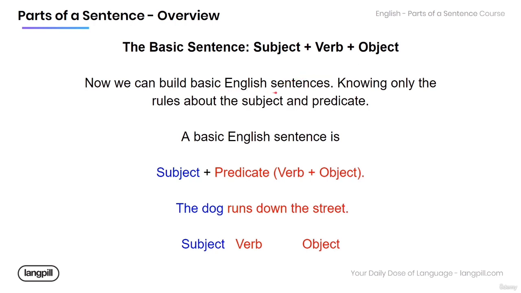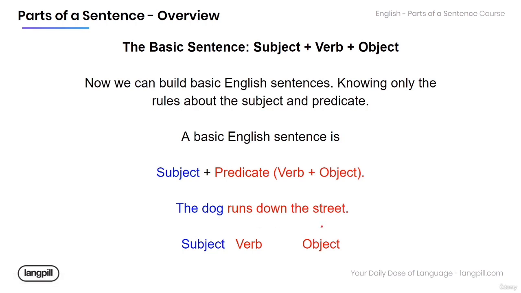And so now we can build English sentences, just knowing about where the subject is and where the predicate is, right? So we follow this formula, subject plus predicate, okay? Just remember that. And predicate, verb plus object. The dog runs down the street. Subject, verb, object.